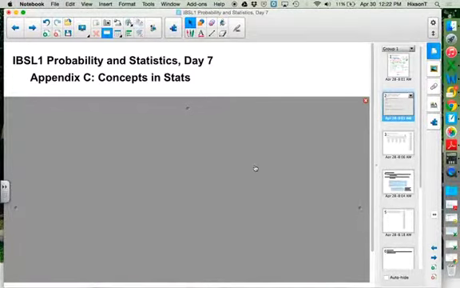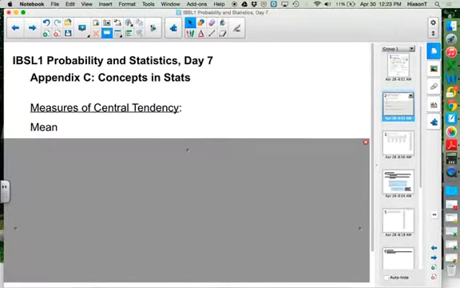So as we're looking at measures of centrality or central tendency, when I talk about the center of our data or something like that, what are some terms that come to mind that you've heard? Mean, median, and mode. Okay, let's start with those basics.